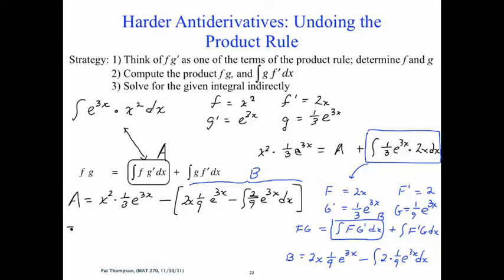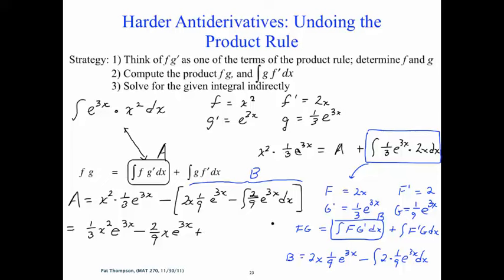Okay. Here we go. So now we got it. So 1/3 x squared e to the 3x minus 2/9 x e to the 3x. Now this is going to be, minus a minus is going to be plus.